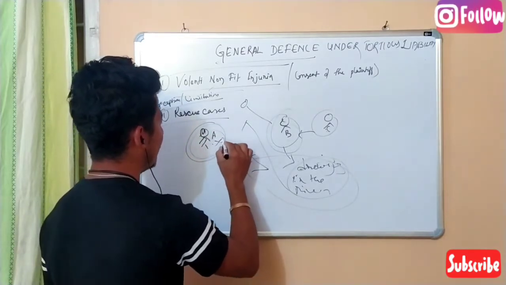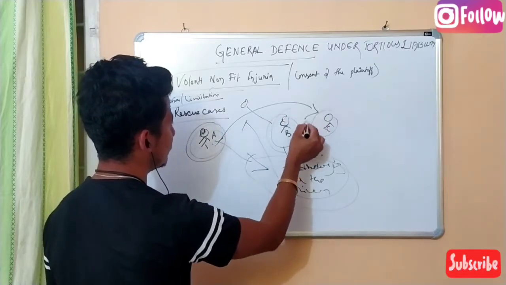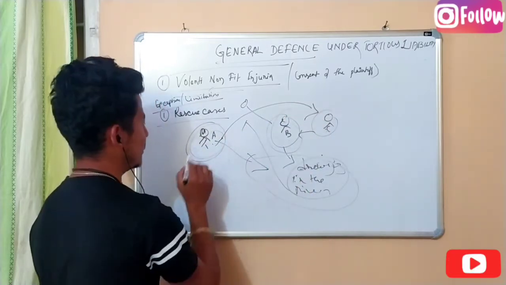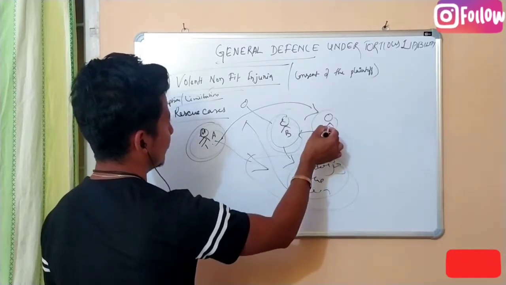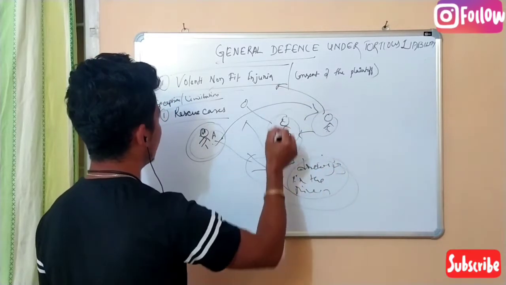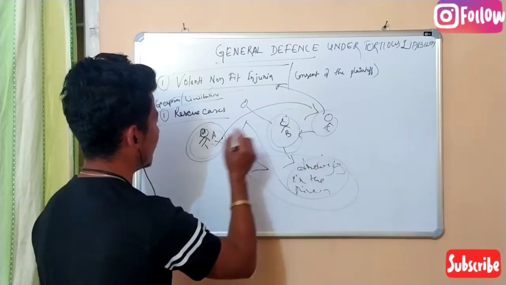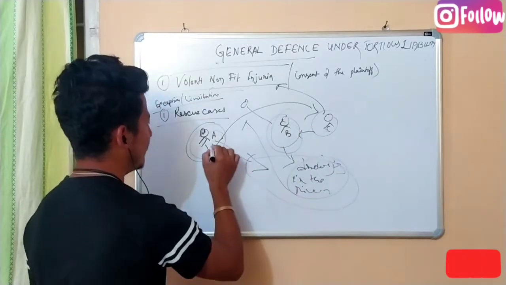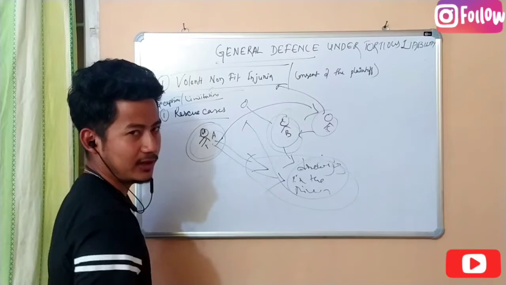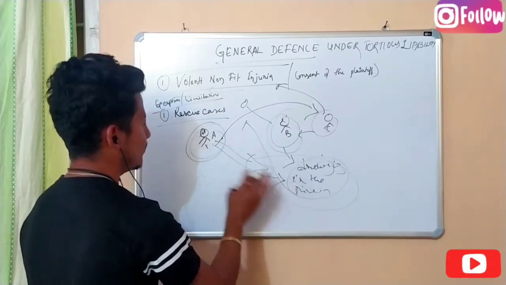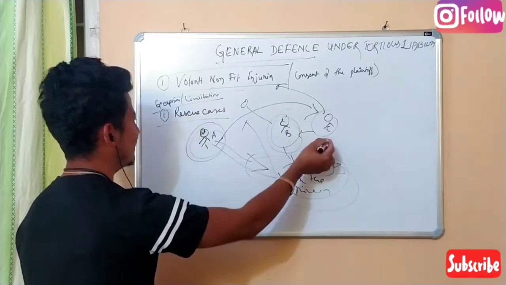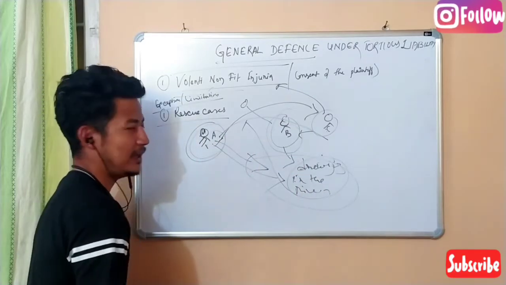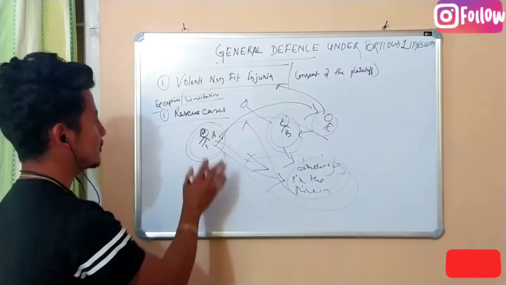In that case, A has the right to sue C for the injury sustained by him, and C is not allowed to take the defense of volenti non fit injuria. He cannot say, I did not ask him, he has done it voluntarily, so I will not compensate him.